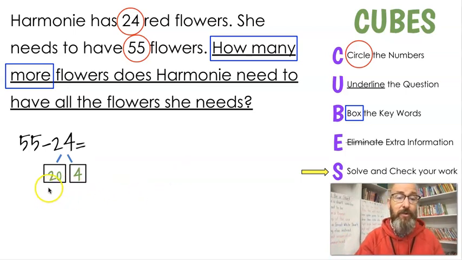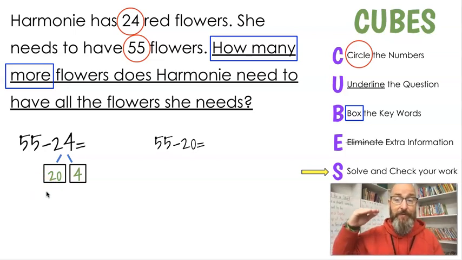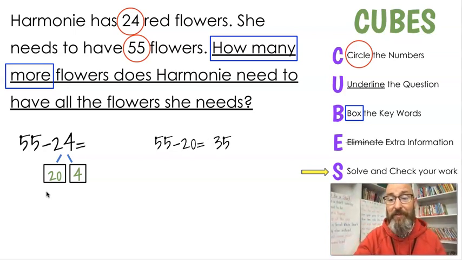So of course we're going to subtract the tens first. So we're going to subtract 55 minus 20. 20 is 2 tens, so that's 2 jumps. We go from 55 to 45 to 35. That's right.